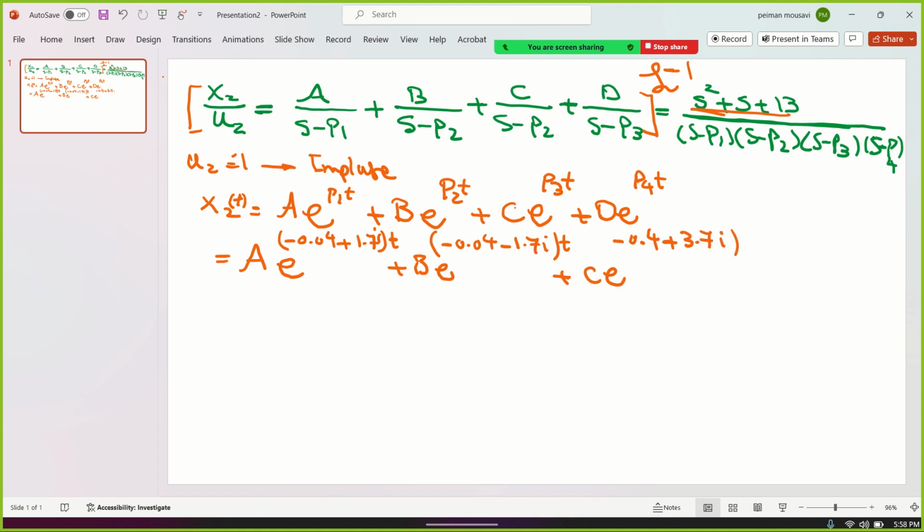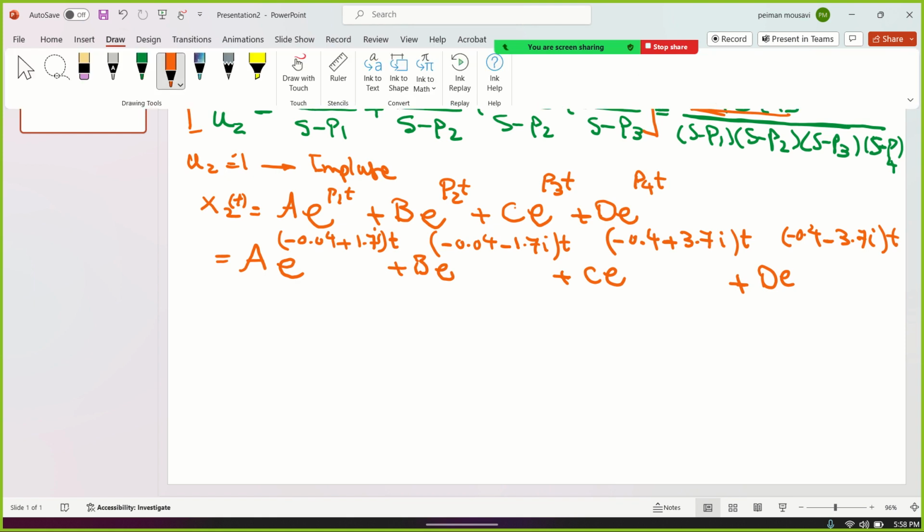Yeah, I don't care about this number. t plus D e to the minus 0.4 minus 3.7 i in t. You're gonna tell me, Payman, are you stupid? Yes, I am. Okay, why?